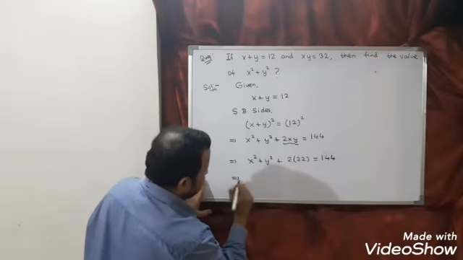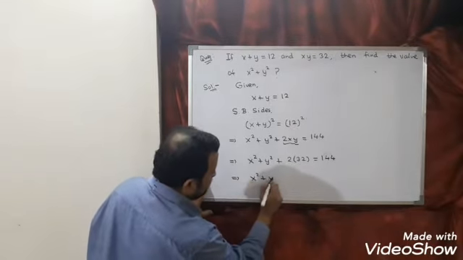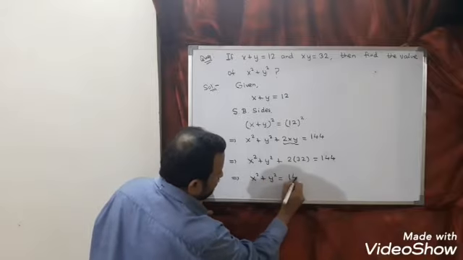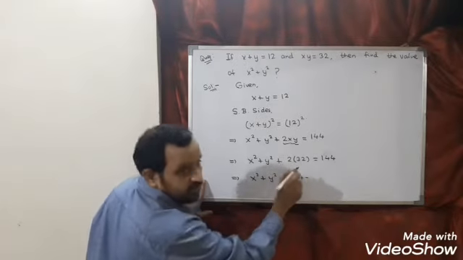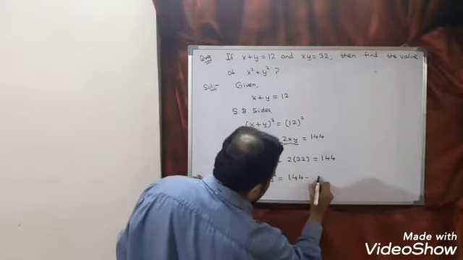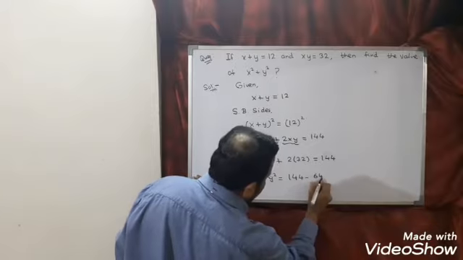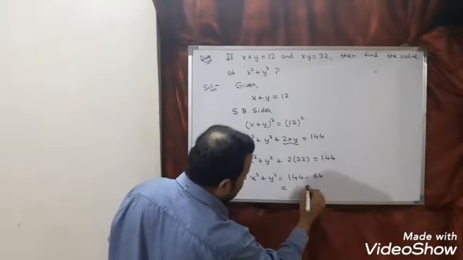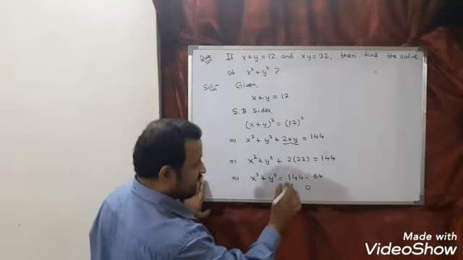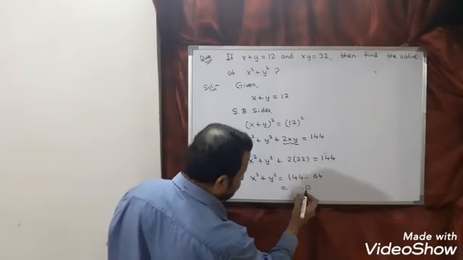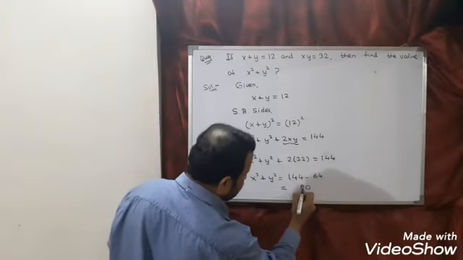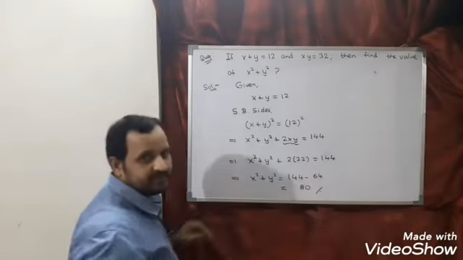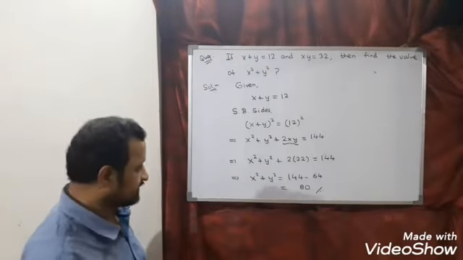Or x square plus y square is equal to 144 minus 2 into 32, so it is 64. So 144 minus 64 gives 80. So the answer of this question is 80. Let us see the next question.